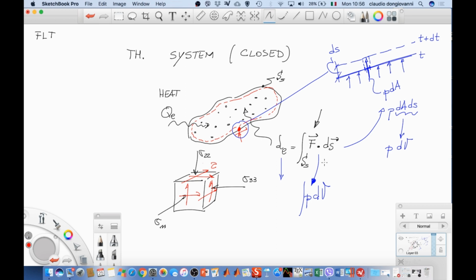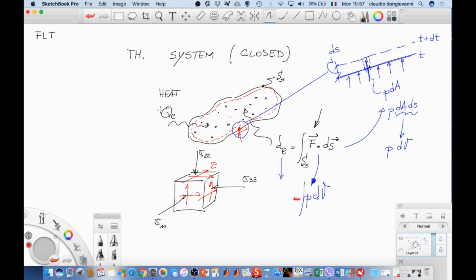The second one says negative. We have to put a sign in order to be congruent. When the force is able to reduce the volume of our system, the force is doing a positive work, a work that goes into our system. These forces produce a volume reduction, so a negative variation of volume. It means that in order to always have a positive work, we need a minus.